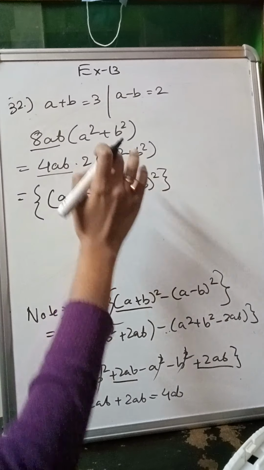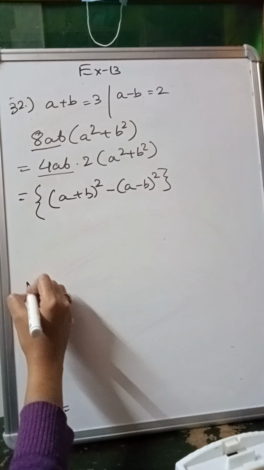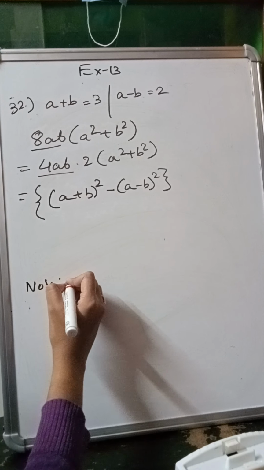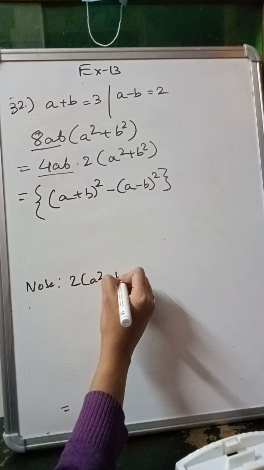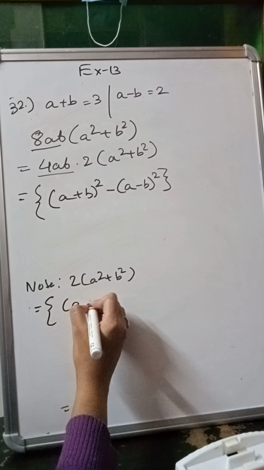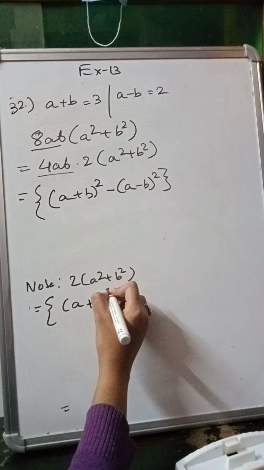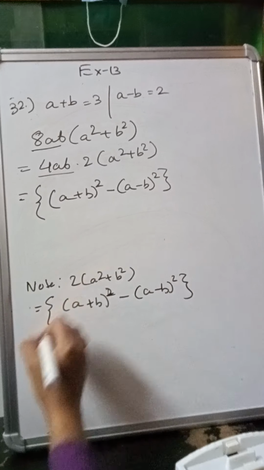Okay, now see how can I write 2 within bracket a square plus b square. Okay, I'm rubbing this portion. So we can write 2a square plus b square like a plus b whole square plus a minus b whole square.